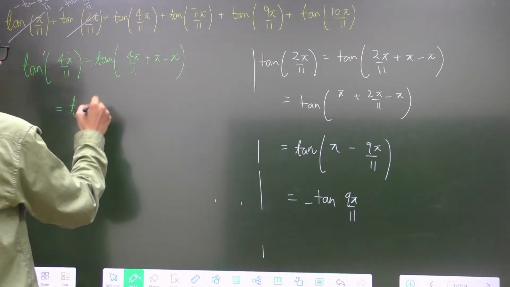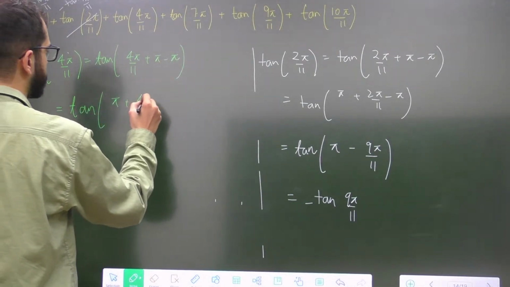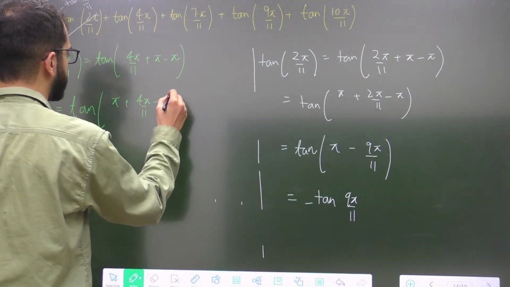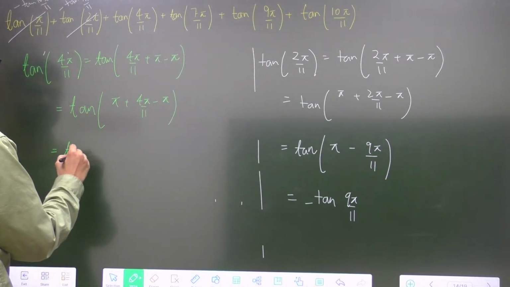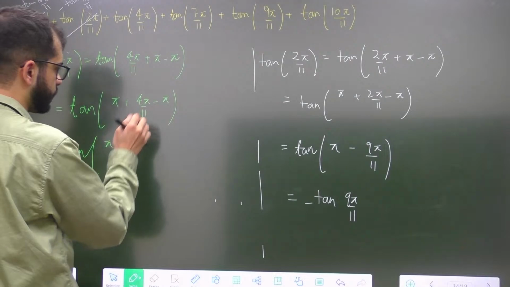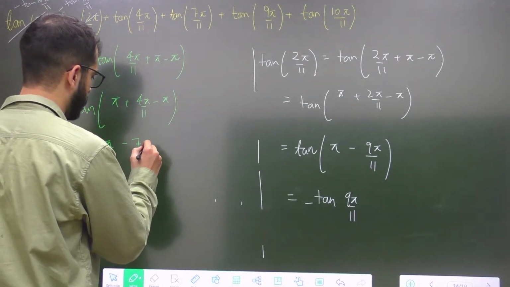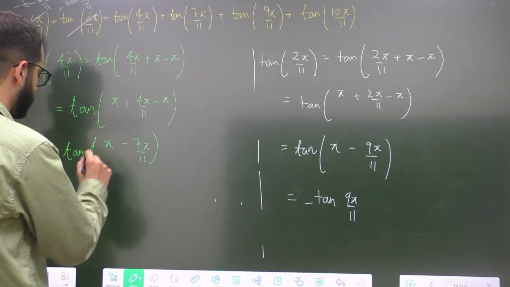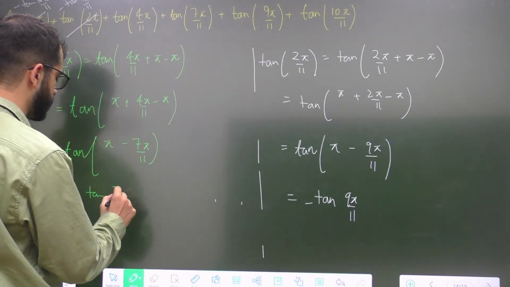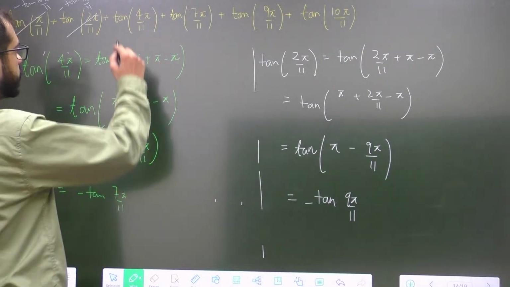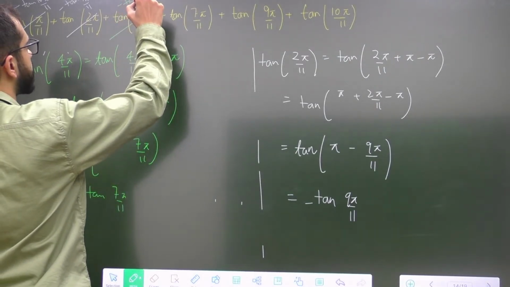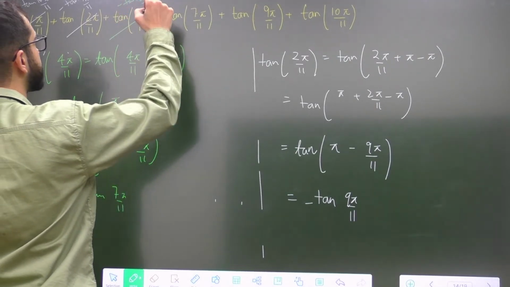So it becomes tan of pi plus 4 pi by 11 minus pi. I am going to write it as tan of 4 pi minus 11 pi, that is minus 7 pi upon 11. So it will be written as tan of 7 pi by 11 with the negative sign. I'll substitute minus tan of 7 pi by 11.